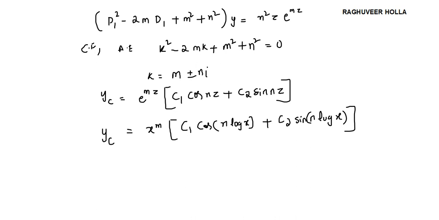Let us find the particular integral for this. So yp is equal to e to the power of mz, and n square also you have that, and z is also there in the numerator.